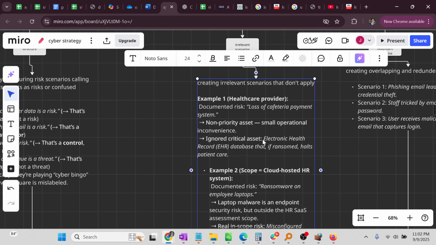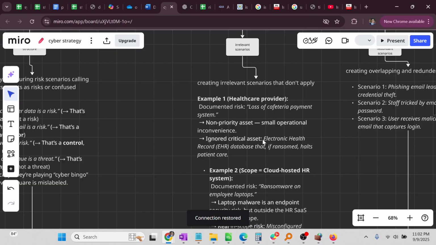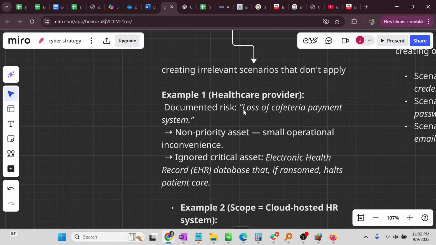And what is ignored? The most important asset, the electronic health record database, which if ransomed halts patient care. That was ignored, but you are including scenarios like loss of the cafeteria payment system. It just doesn't make any sense.